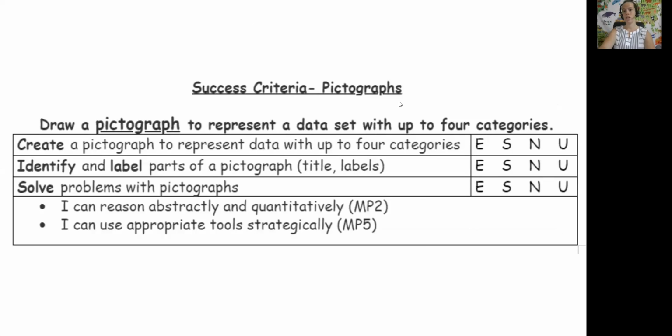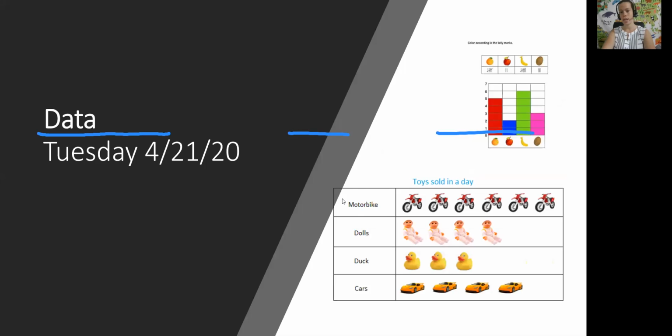All right, so let's do a little bit of practice. Before we start, I want to make sure you understand what you have to know. So, the goal is to draw a pictograph to represent a data set with up to 4 categories. When I'm talking about categories, I'm talking about these: motorbike, dolls, duck, and cars. That's 4 categories. 1, 2, 3, 4 different things.